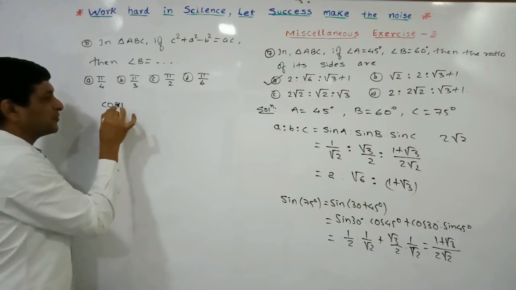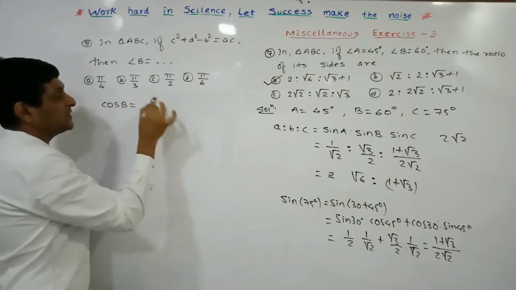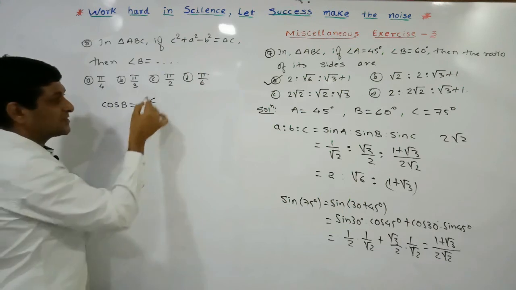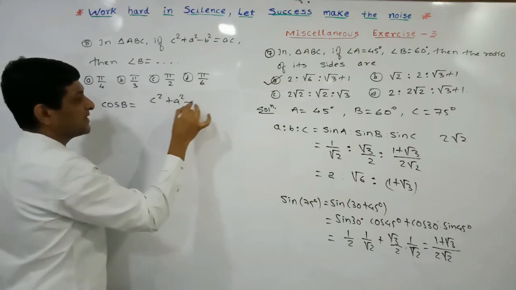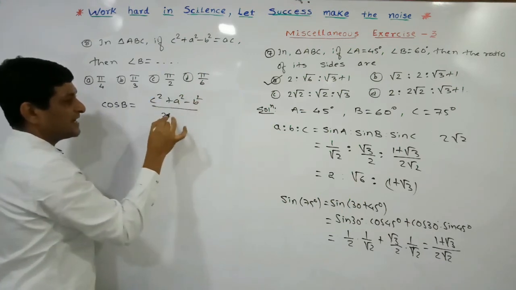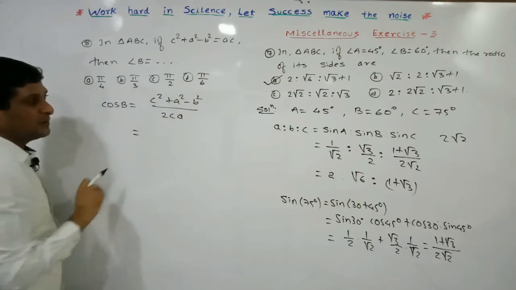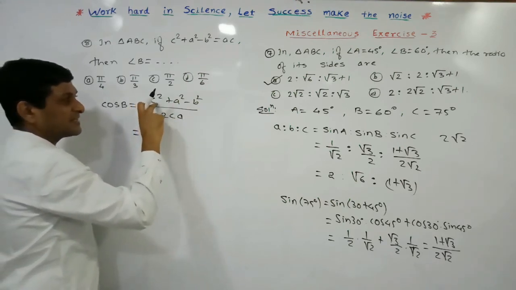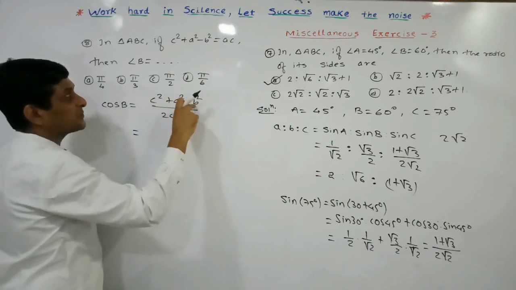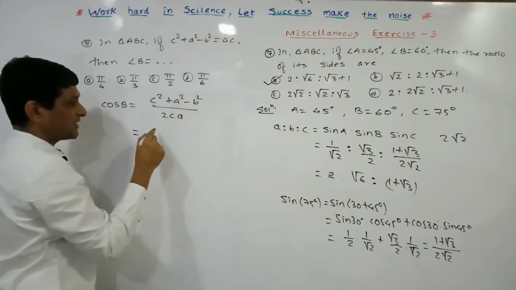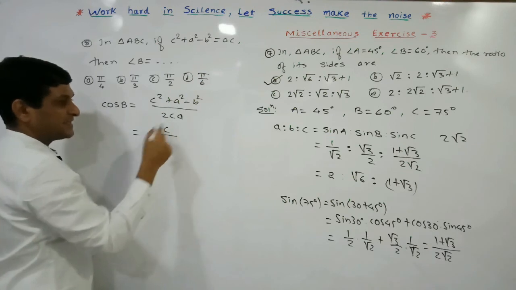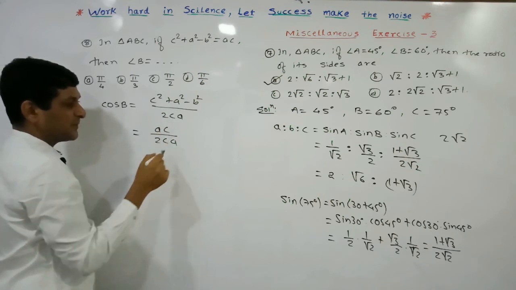According to the cosine rule, what is the value of cos B? Cos B, because we are finding angle B, its value is c square plus a square minus b square divided by 2ca. Now it is given to us that c square plus a square minus b square is equal to AC. So replace it by AC in the numerator, and keep 2ca in the denominator as it is.